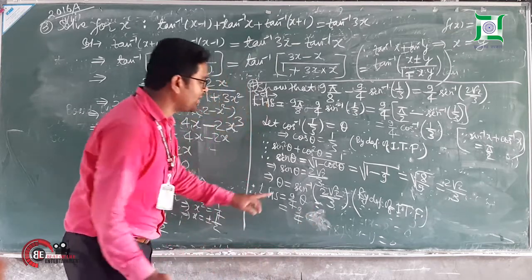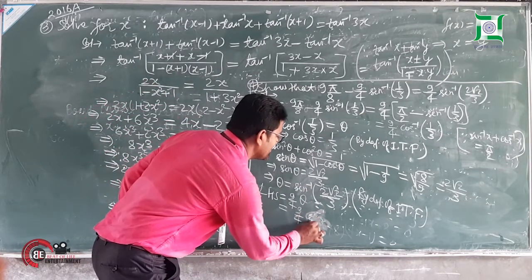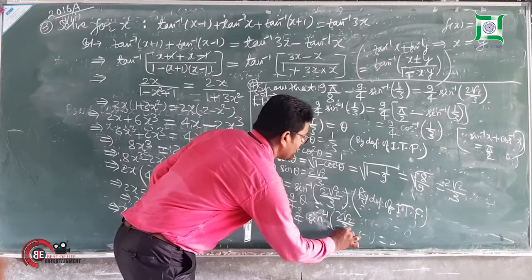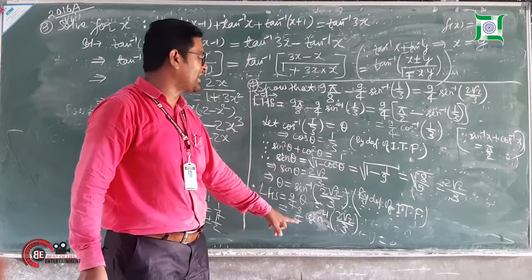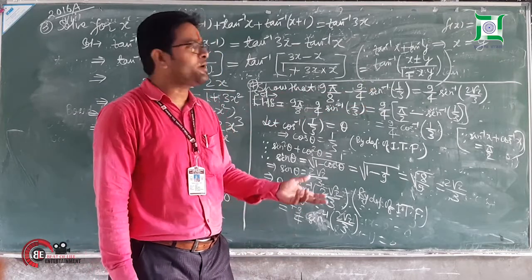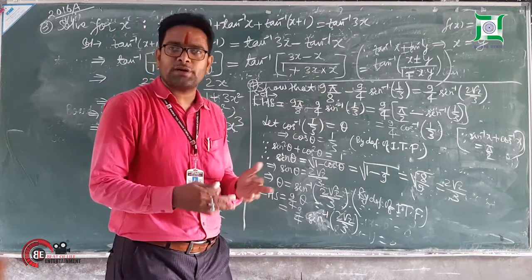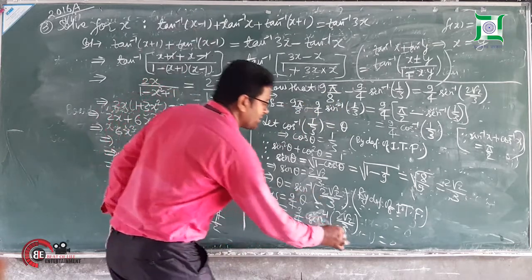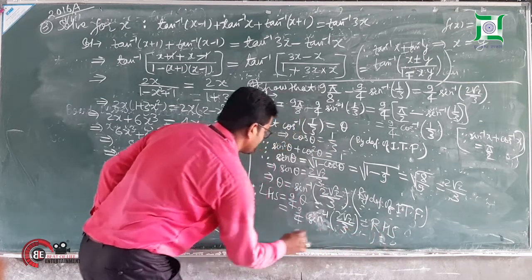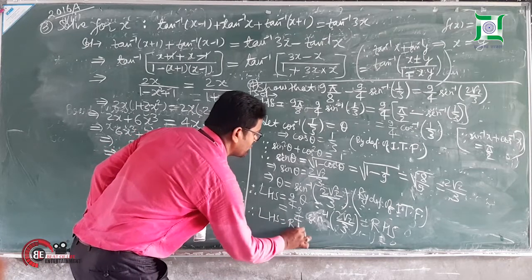I have got theta as sin inverse 2 root 2 by 3. Is it your RHS? Just see, 9 by 4 sin inverse 2 root 2 by 3. So in this way our LHS and RHS become equal. Hence verified.